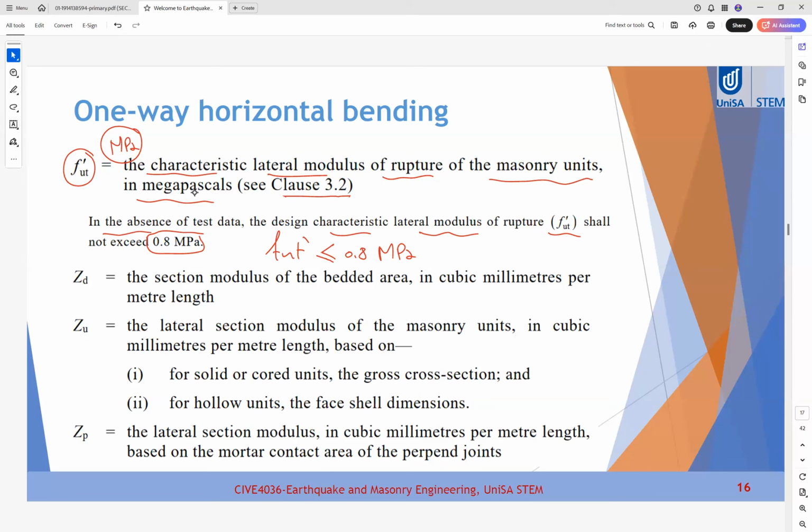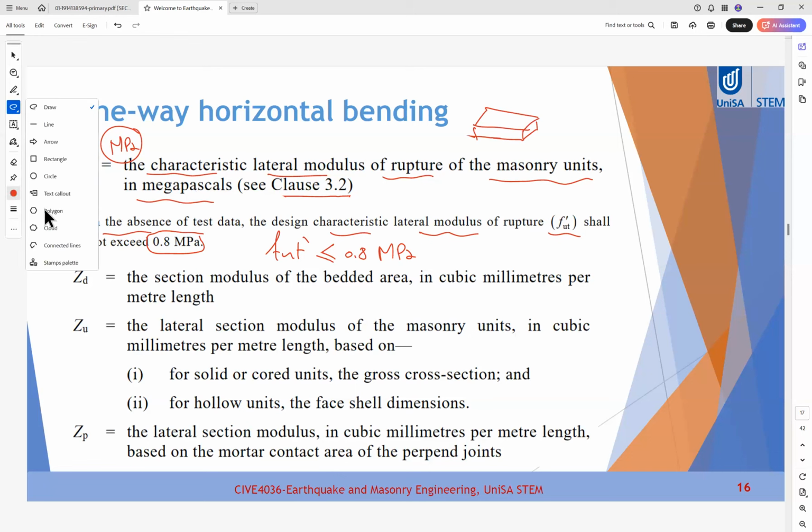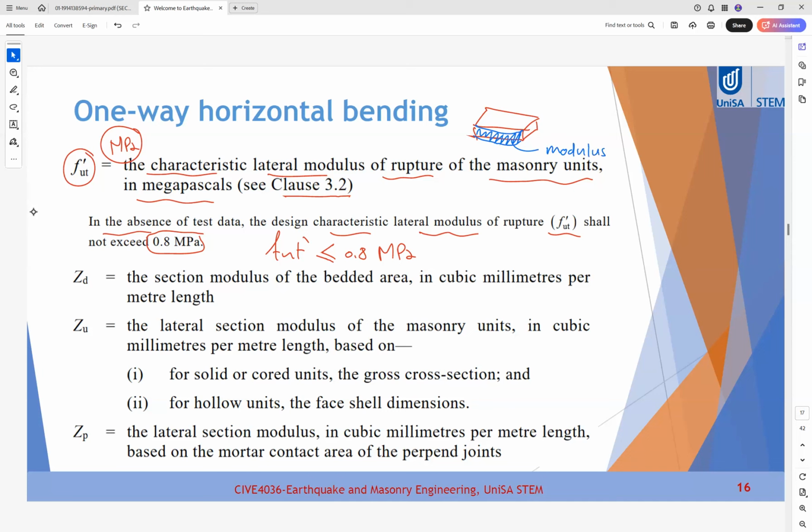Regarding lateral modulus of rupture, if this is your brick, the brick has two directions of bending. If it bends in this direction, the modulus of rupture is the normal one. This is the modulus of rupture if it bends in this direction. The lateral modulus of rupture means it is bending in the other direction. I can better draw it in a different diagram.